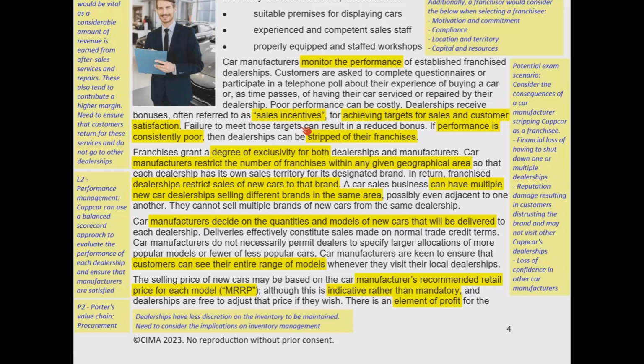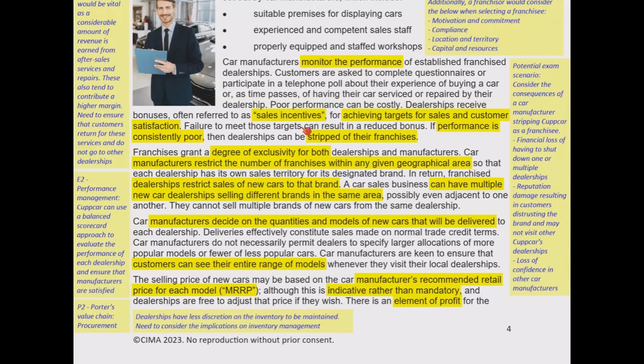The margins on used car sales are higher, and the margins on selling the extra services are higher still: repairs and servicing and maintenance of vehicles, perhaps bodywork repairs, respraying and sorting out dents and scratches, selling parts to the customer who might want new mats to go in their car, or a new sat nav.